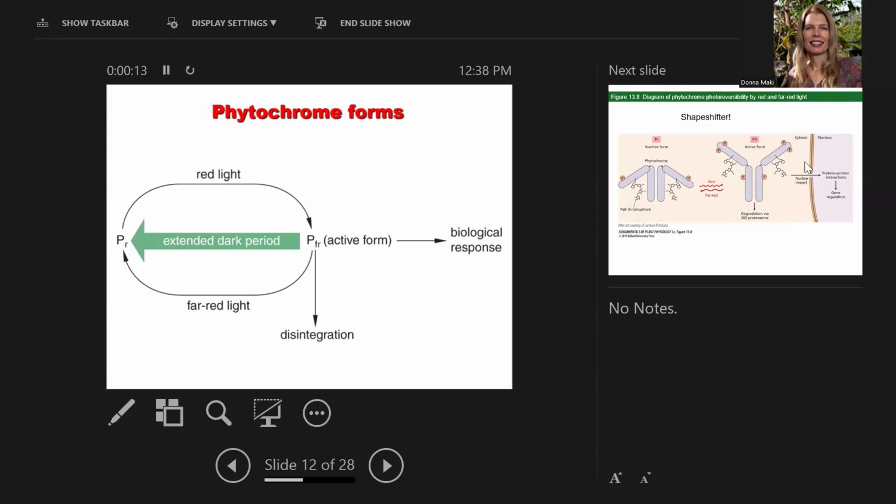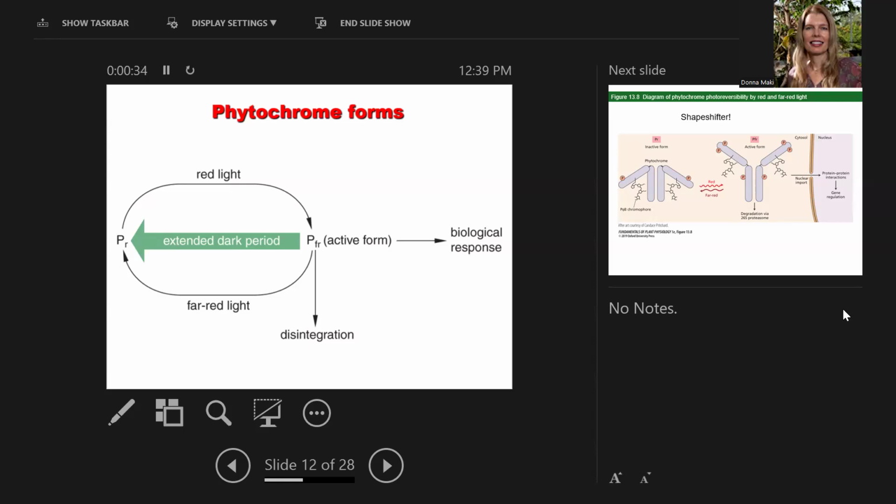And it's just this weird group of pigments that toggles back and forth. And it just really does depend what quality of light that it's absorbing. If it absorbs red light, then that phytochrome pigment actually physically shifts into the so-called far red form. And that's what they call the active form.